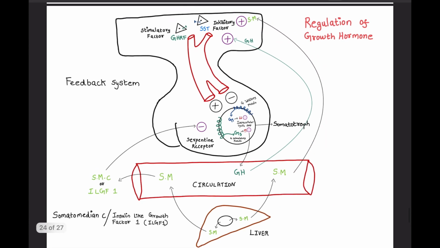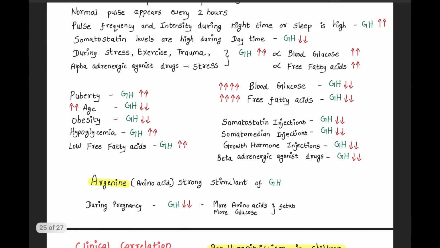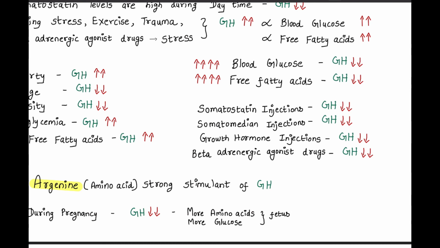In either way, the growth hormone levels are decreased if there is excess somatomedin level in the circulation. So what if you take growth hormone injections?